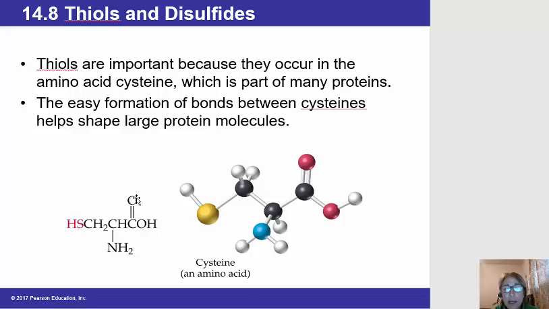And all amino acids have this carboxylic acid group as well as this amino group, and then they have some other part of the molecule that distinguishes them. So the part of the cysteine that distinguishes it is this thiol.